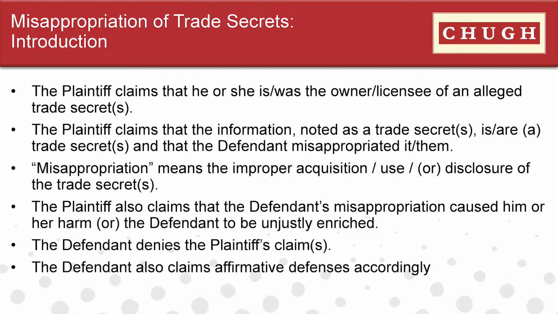Misappropriation essentially means some form of improper acquisition or use of the trade secret. The plaintiff also must claim that the defendant's misappropriation of that trade secret caused him or her harm, and the defendant also profited by those same means. And then the defendant can deny these claims and also can make affirmative defenses.